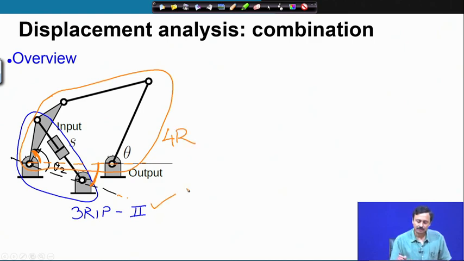So, first I solve the 3R1P 2 chain, and then in the second step I solve for the 4R chain. This is true for both the forward and the inverse kinematics problem.